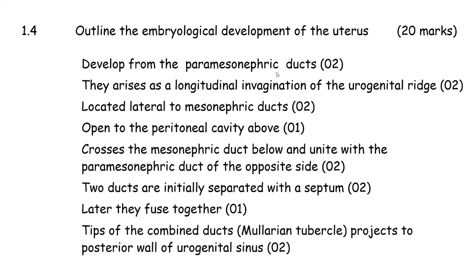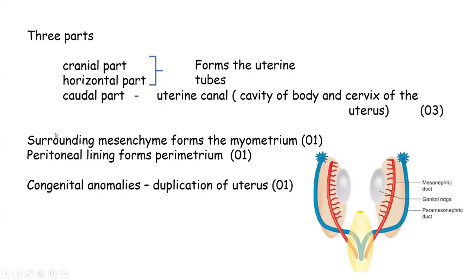And then we are talking about this tube. The upper end or cranial end opens into the peritoneal cavity. And when you come down, if you look at the picture, here, they come down, cross the mesonephric ducts and unite in the middle, right?